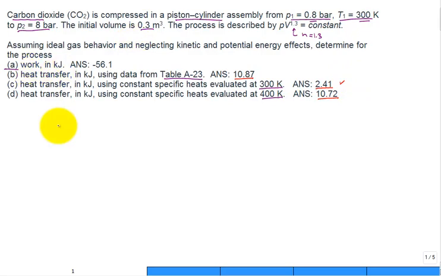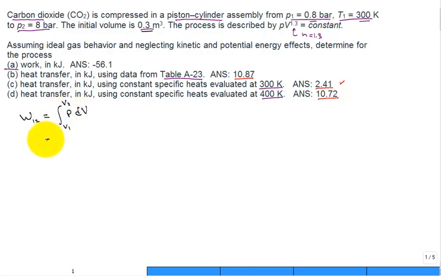What is the work? Well, we're given that it's a polytropic process. We're given the initial volume and the initial pressure and temperature and the final pressure. So to calculate the work, W from 1 to 2 would be the integral of the pressure dV from V1 to V2.